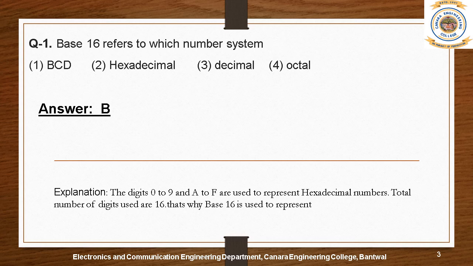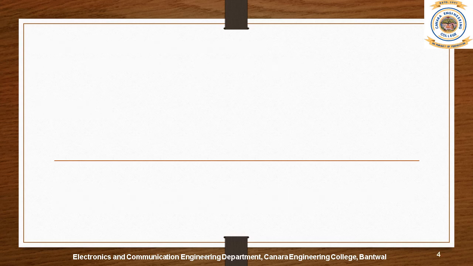It starts from A, B, C, D, E and F. So the total number of digits available is 16, so it is base 16. The number system which has these digits is nothing but hexadecimal. So the answer is B. Move on to the next question.